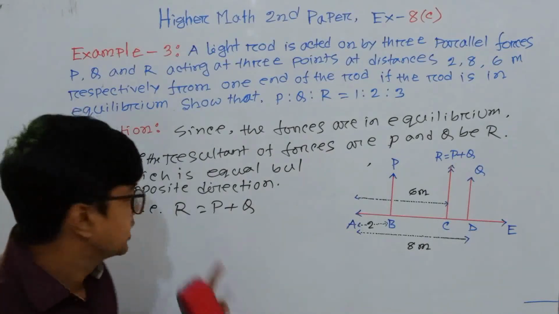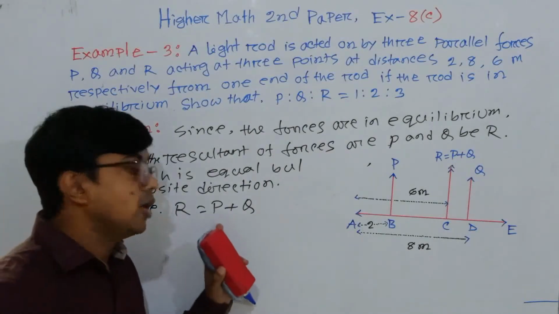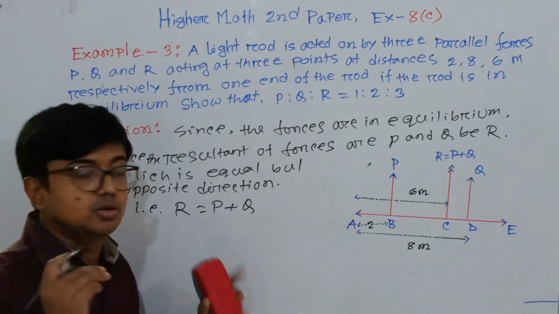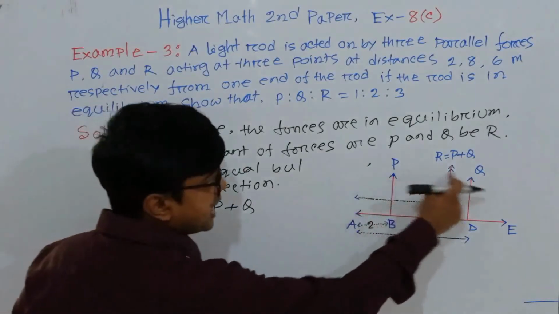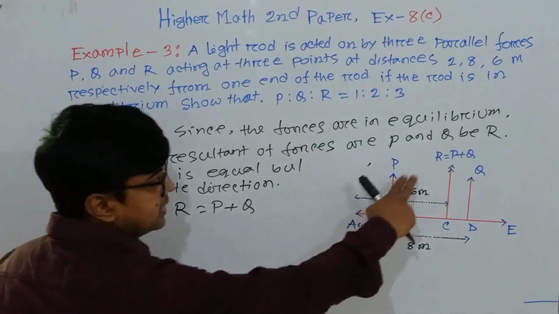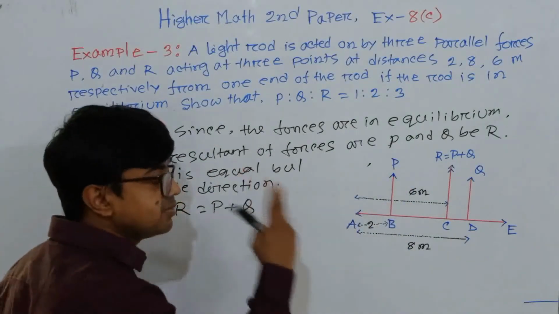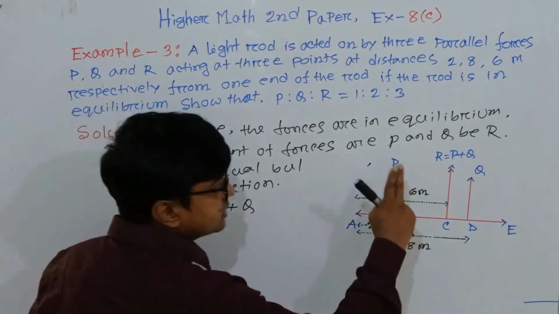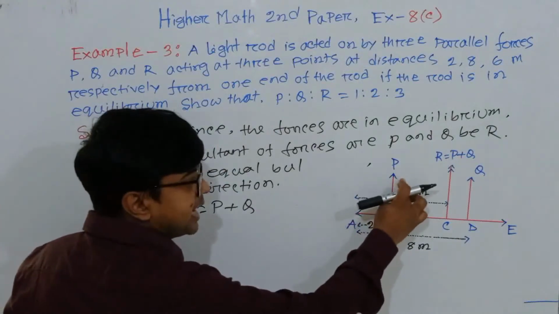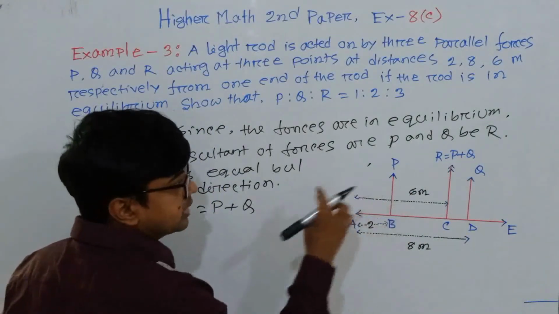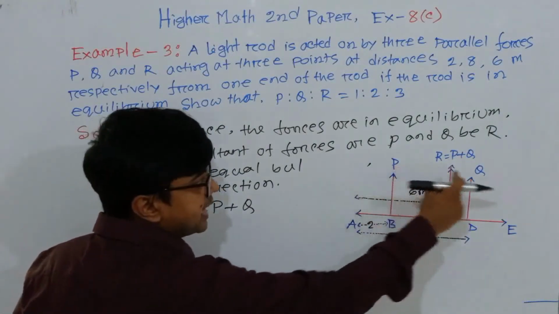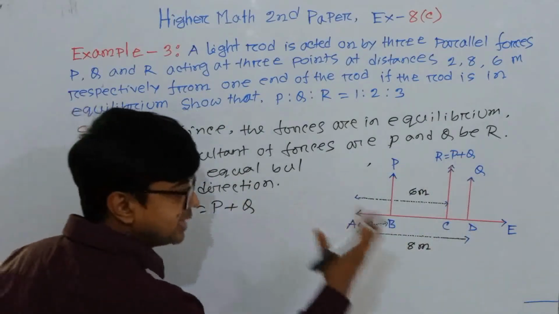Look at this, this is how we got it. P and Q are two forces in the same direction, and these are like parallel forces. That's why the angle between P and Q is 0 degrees.